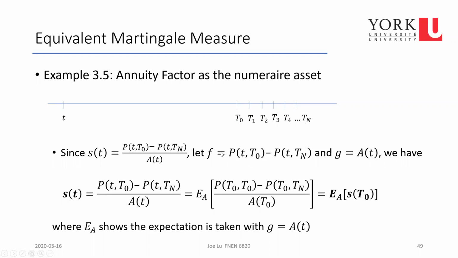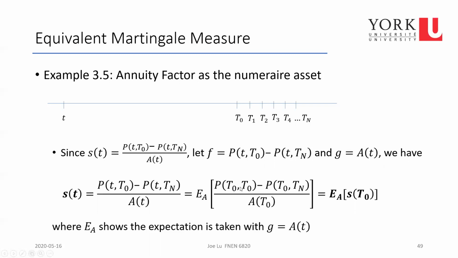So then you have a ratio between F divided by G, right? So here, your forward rate is expressed as this. So it's essentially the expected value of this when the little t is growing to big T naught.